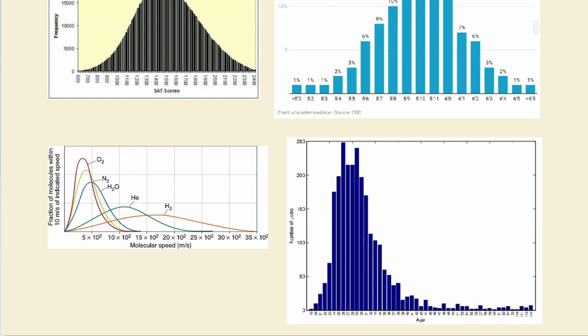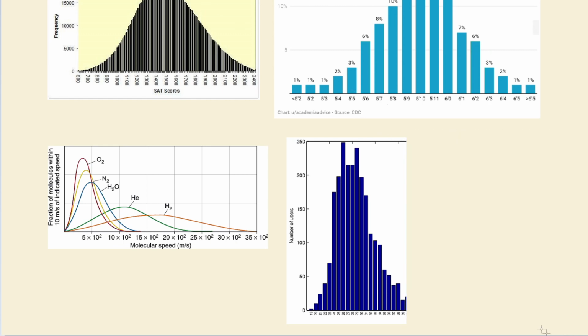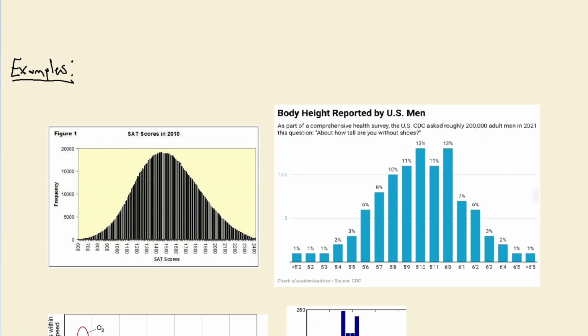And so you can imagine if we were to cut off this graph, so to speak, somewhere like here, then this would also seem to follow a normal distribution. It looks something like this. It's very tight, but it does seem to have the same curve that we're seeing with heights, with molecular speed, with SAT scores.